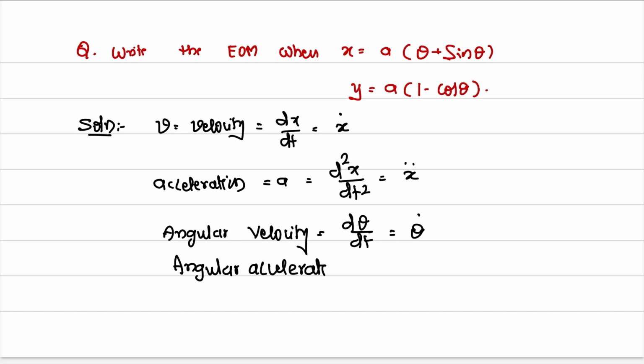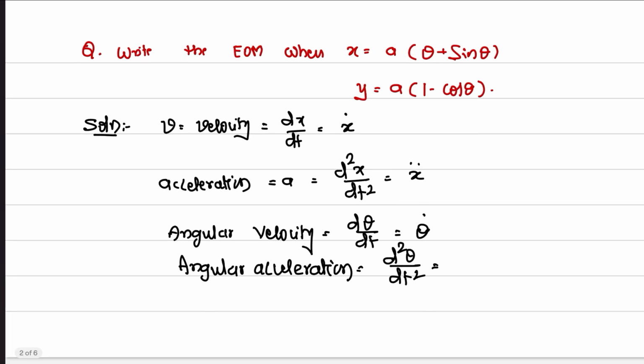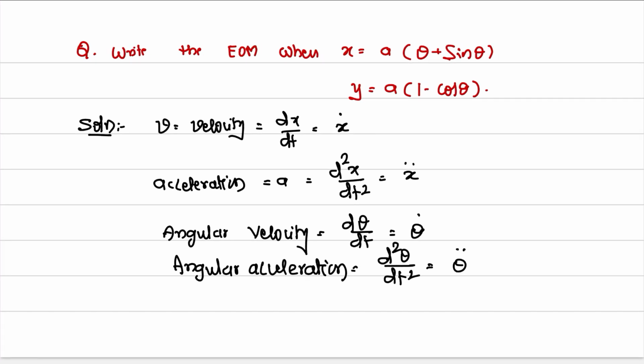Once you get these notations correctly, it will be very easy for you. Because instead of writing d square theta by dt square in the whole equation, I will write theta double dot. For example, F is equal to ma.